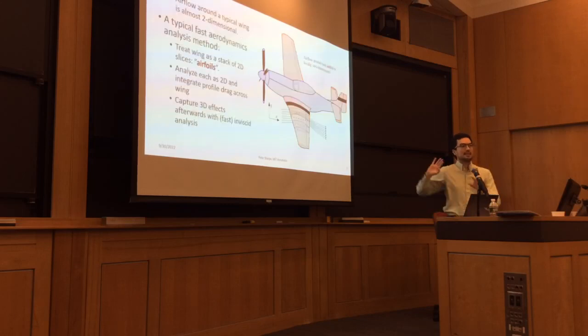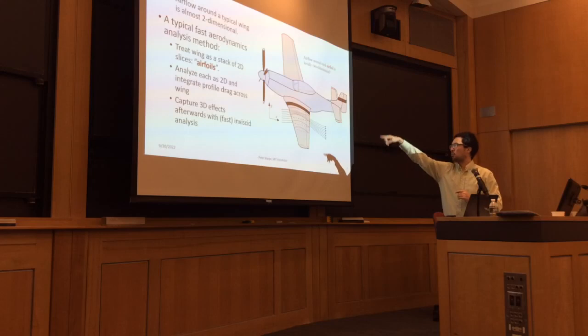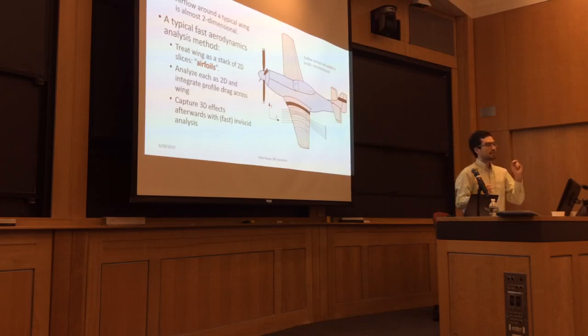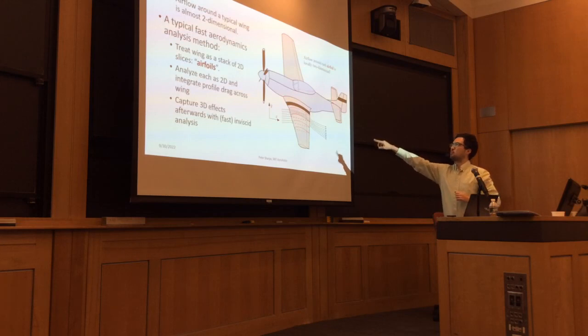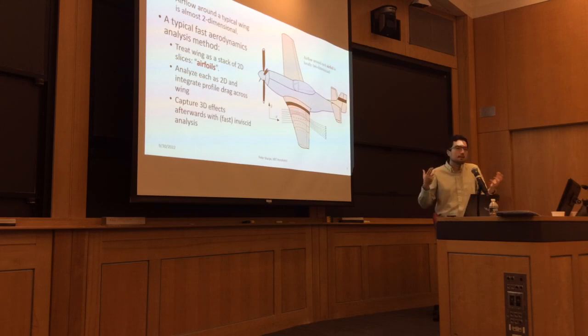So there's some key insights here when we're looking at this 3D wing here. We can make this problem even a bit simpler, and that's by observing that the airflow around one of these wings is typically almost two-dimensional. There's not much in or out of the page here. So what we do typically, if we're going to do a fast aerodynamics method, is that we treat this wing as a stack of 2D airfoils, these slices.